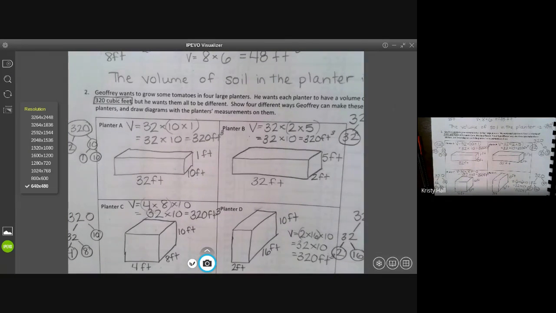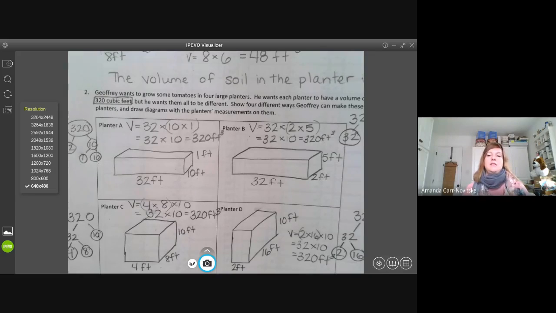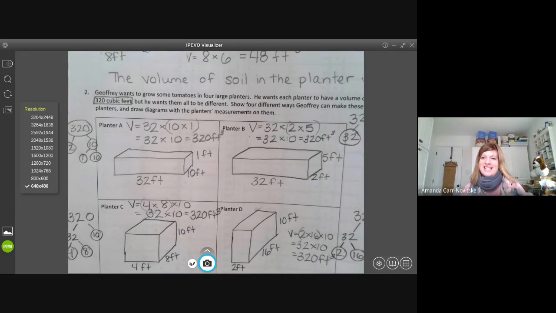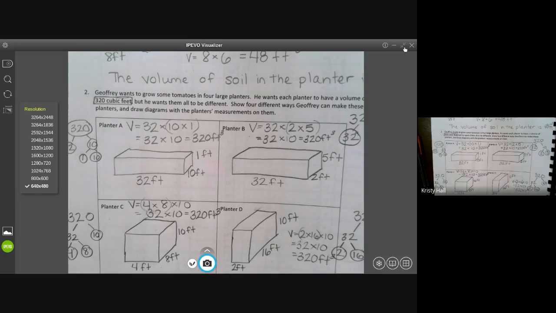Anybody else? Ava J, you gave us some good ideas there. What's a strategy that's helping you today? Ava left. Oh, is the other Ava here? The other Ava is here. Ava Wicks, can you help me out?